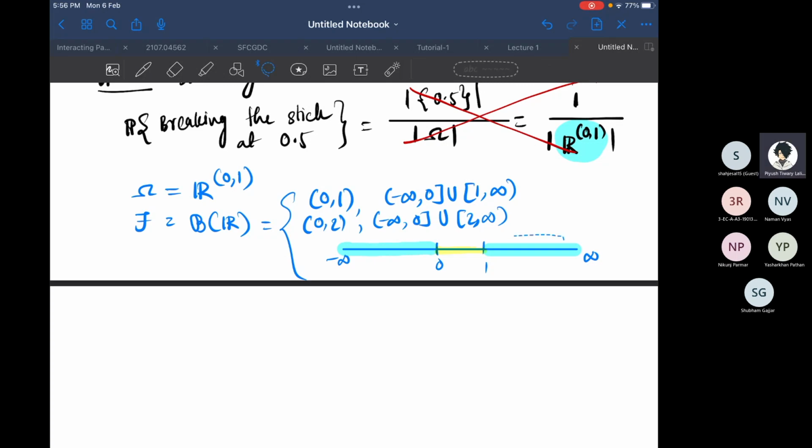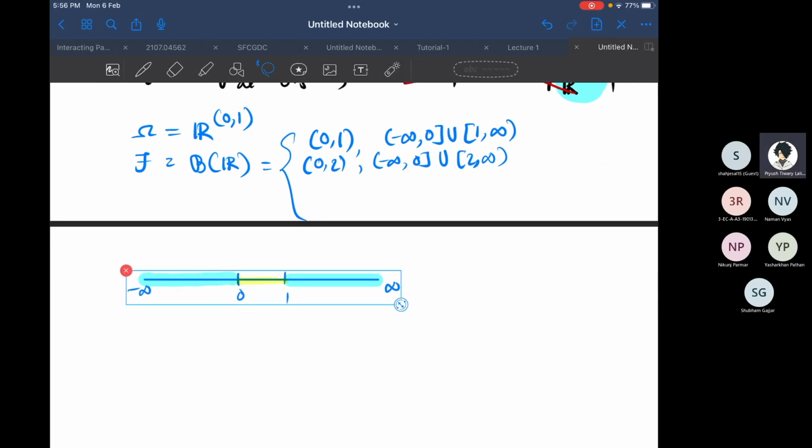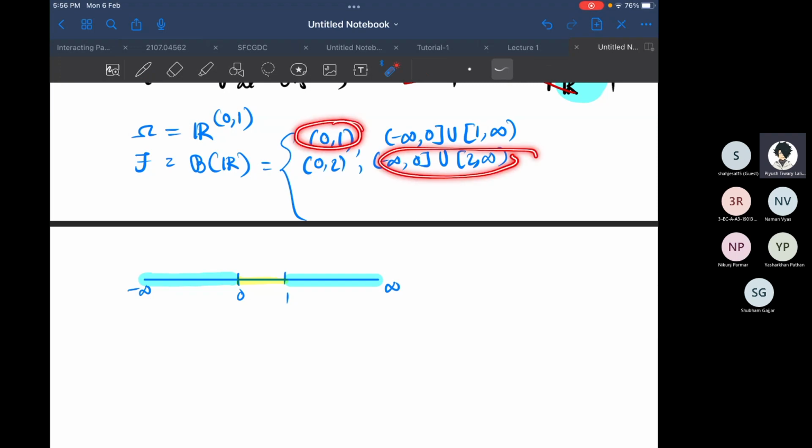Well, now we know that a sigma algebra is closed under countable union. So I know that a sigma algebra is closed under countable union. That means if I take these two elements, this element and this element.